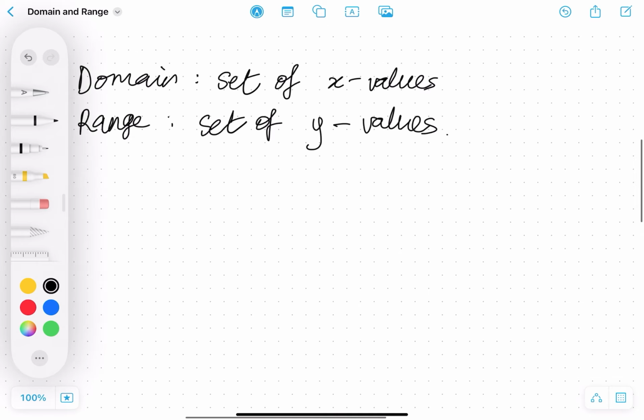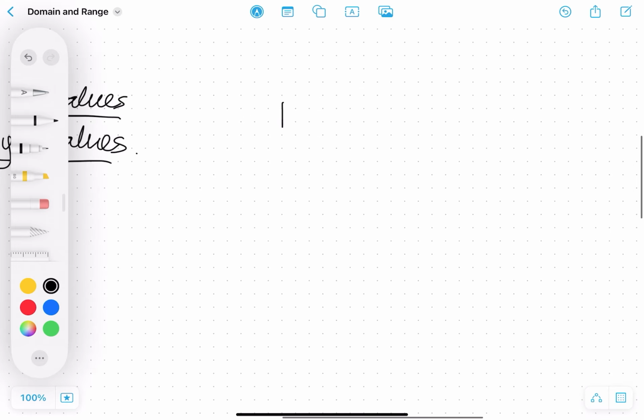The reason why we can also call the input value the x value and the output value the y value is because if we have a graph of a function, let's say the function looks something like this.